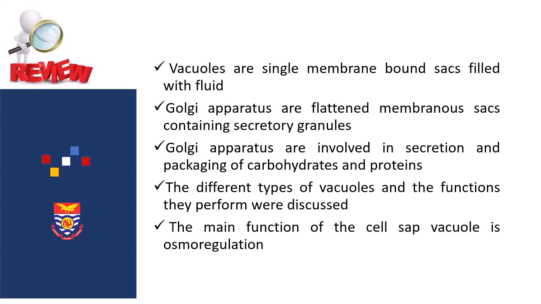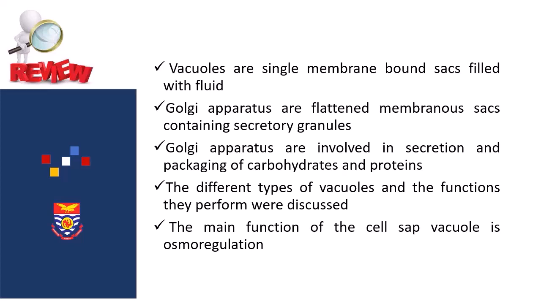Under Unit 2, Session 1, we looked at two organelles in the cytoplasm of cells, the vacuole and Golgi bodies. We studied that vacuoles are single membrane-bound sacs filled with fluid, whereas the Golgi apparatus consists of flattened membranous sacs containing secretory granules. The Golgi apparatus is also involved in secretion and packaging of carbohydrates and proteins.